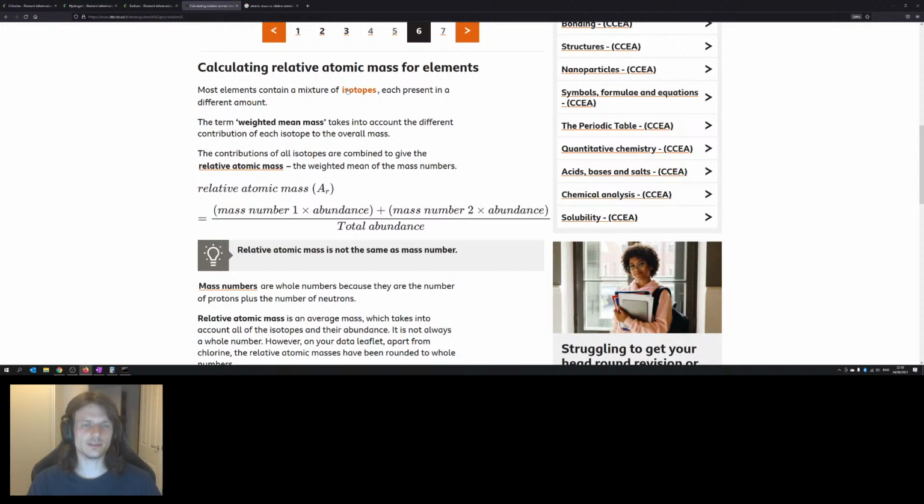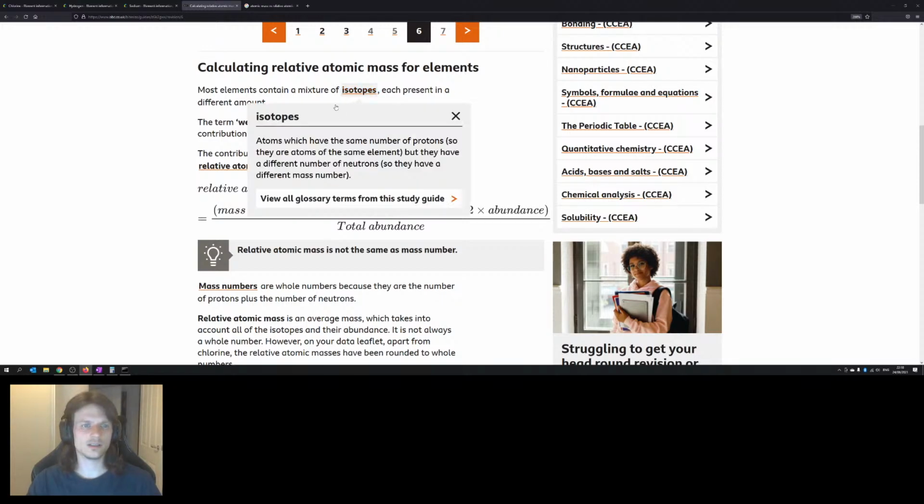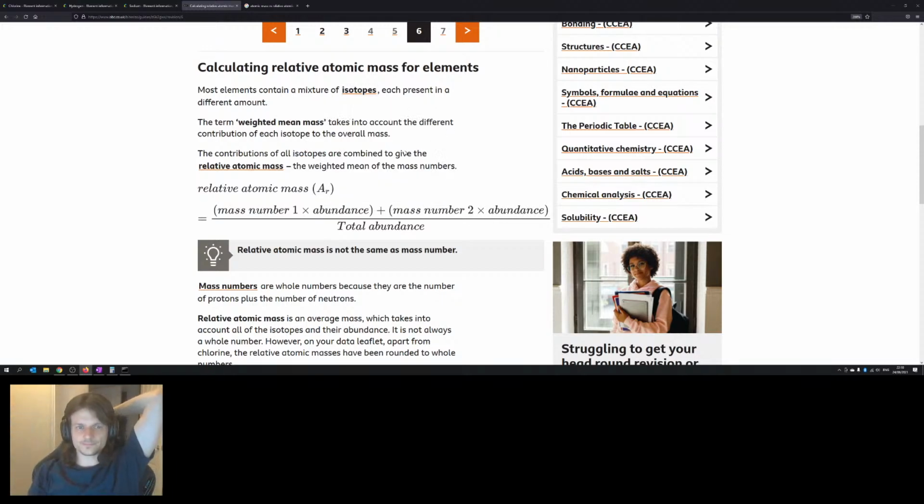So let's just click through to this. Atoms of the same element, but they have a different number of neutrons, so they have a different mass number. The term weighted mean mass takes into account the different contribution of each isotope to the overall mass.